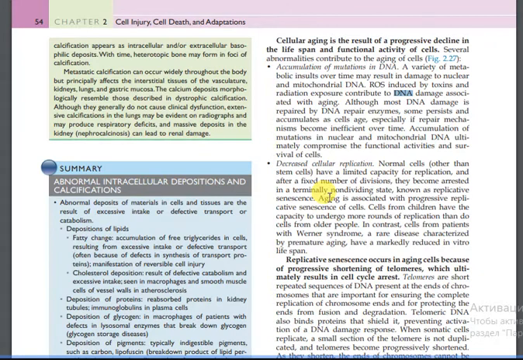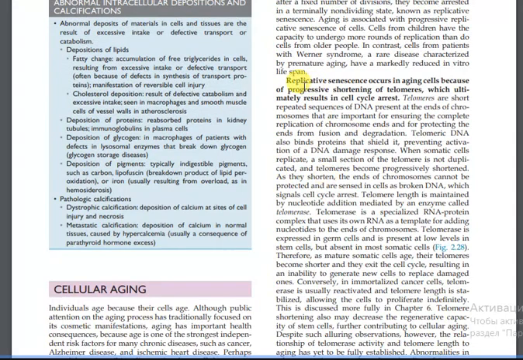But some cells should be divided every single time, and a decreased rate of their replication causes tissue injury and loss of cell metabolic activities. So, replicative senescence occurs in aging cells because of progressive shortening of telomeres, which ultimately results in cell cycle arrest. That's what I want to explain.